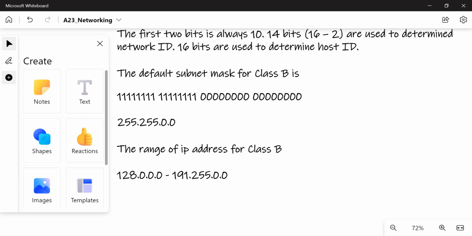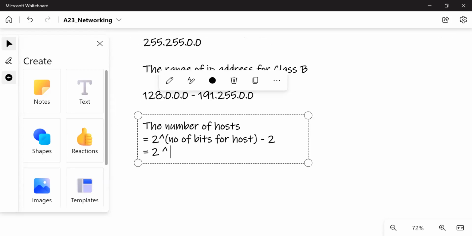So the number of hosts is 2 to the power the number of bits we allocated for the host, and we subtract 2 because the first and the last one we are going to ignore. We allocate them for special use, we'll talk about it. Here we are using 16 bits, so 2 to the power 16 minus 2.